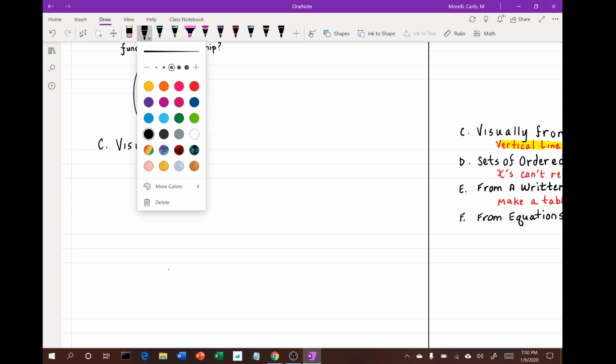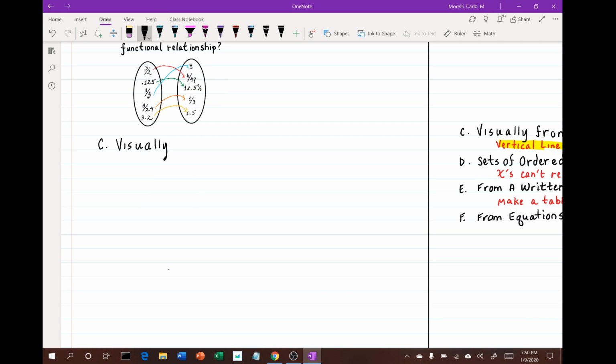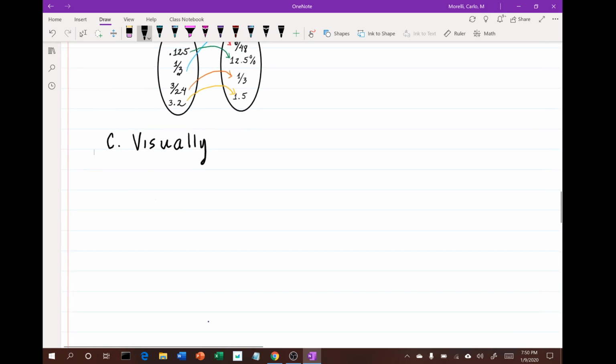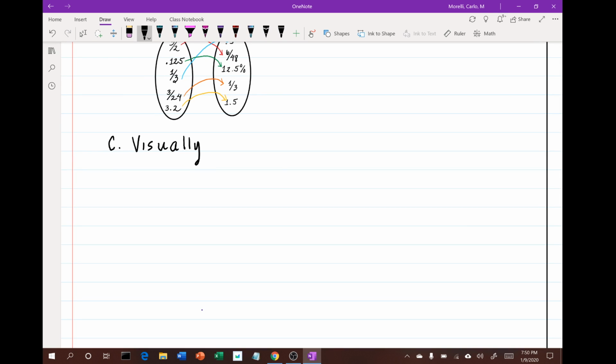I'm on the right density here. Visually from a graph. Okay.